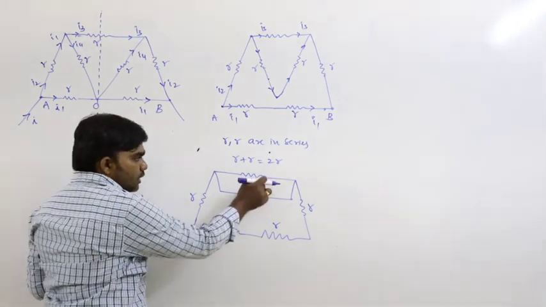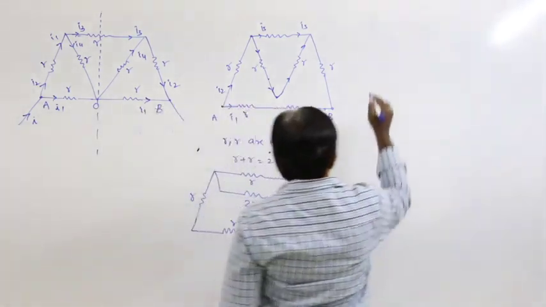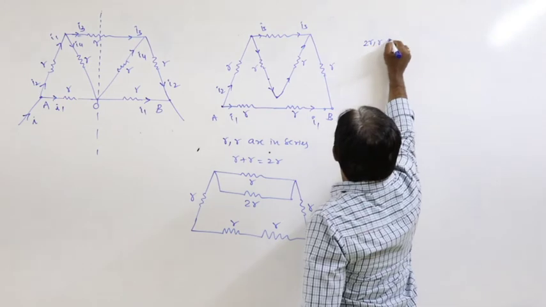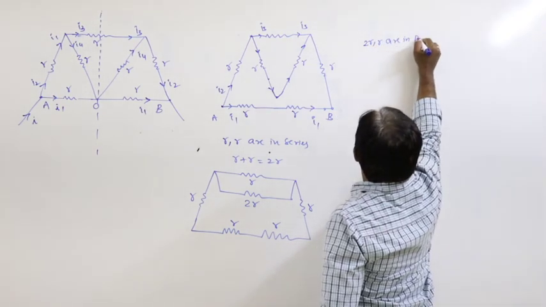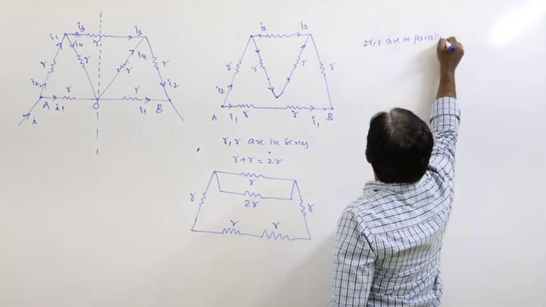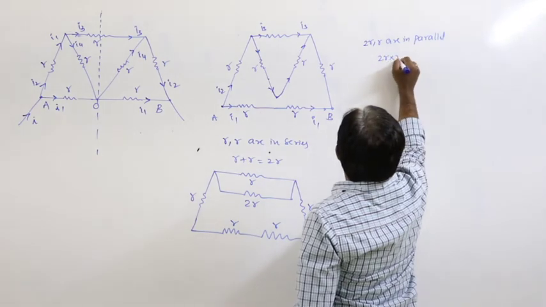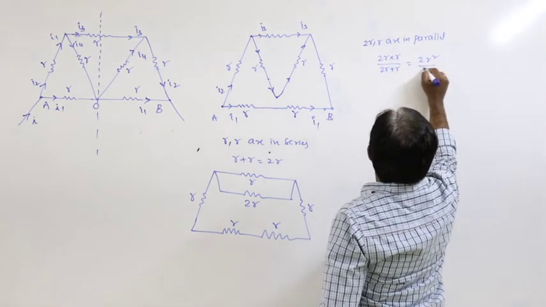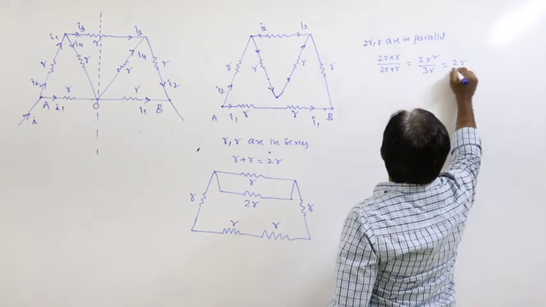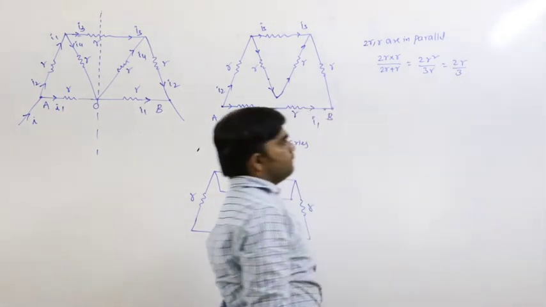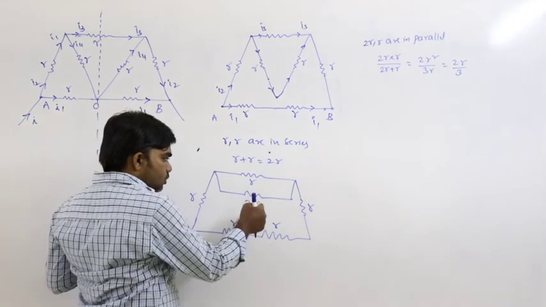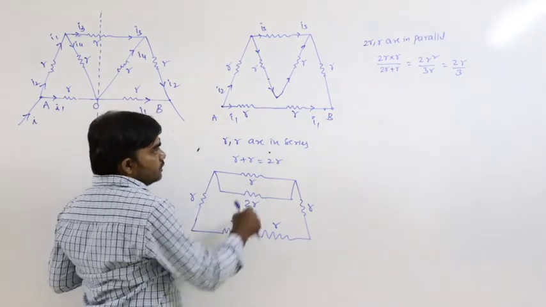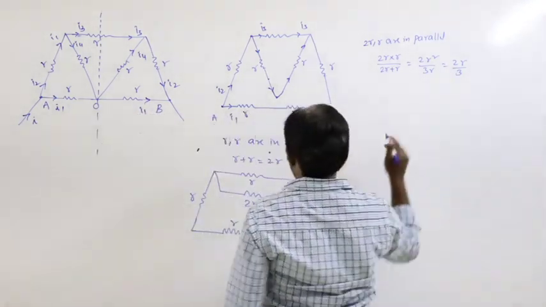Again here 2R and R are in parallel. So now that is 2R into R divided by 2R plus R. So 2R square by 3R. So that is 2R by 3. Here 2R and R are in parallel, that is why effective resistance is 2R by 3.